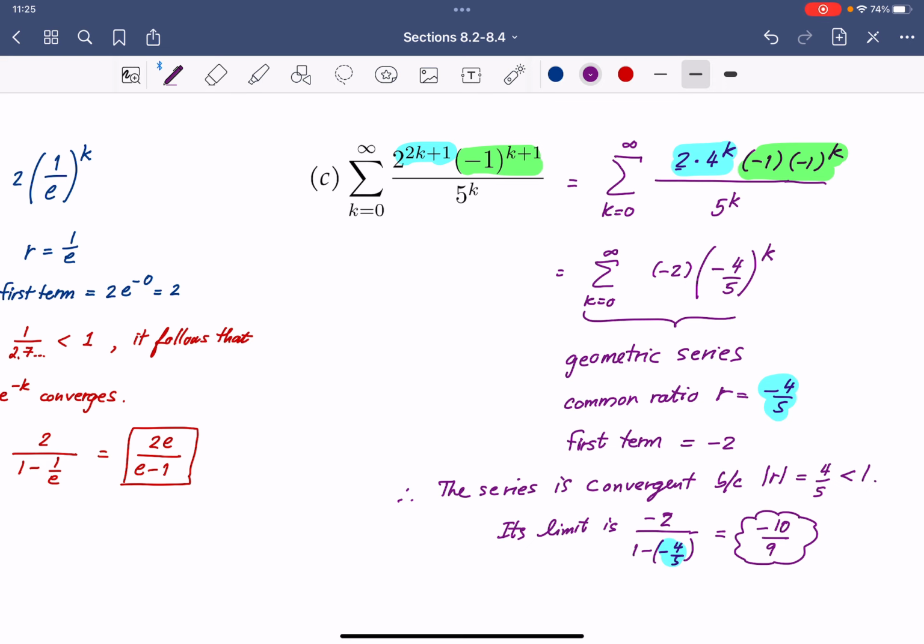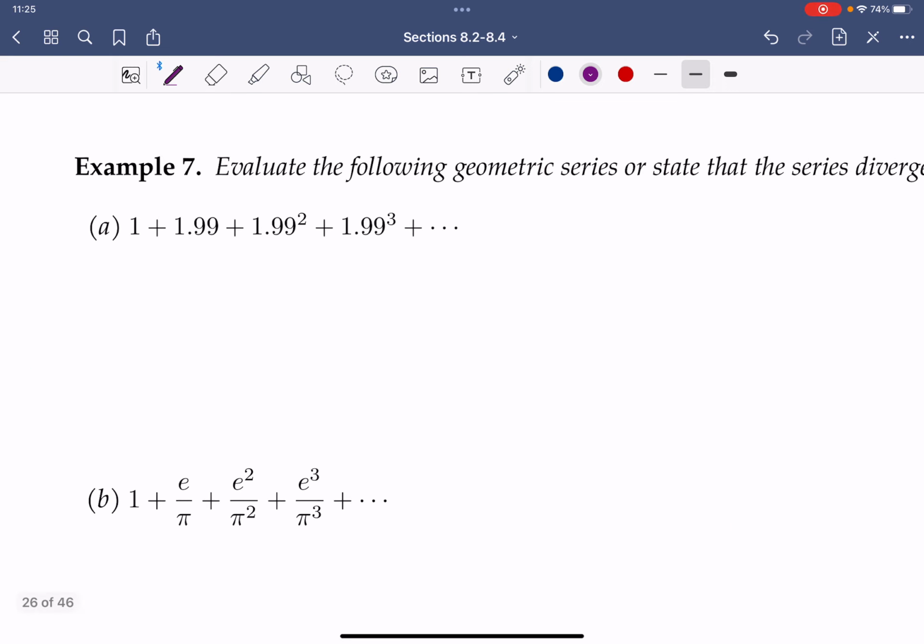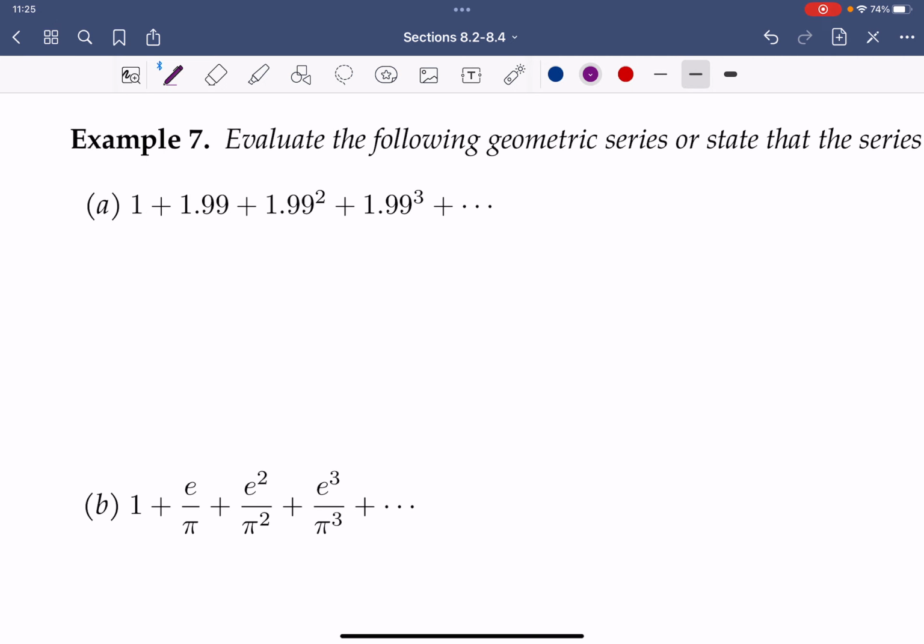Okay, let's take a look at another geometric series. Example 7. How about 1, 1.99, 1.99 square, 1.99 cube? Is this geometric series convergent or divergent?